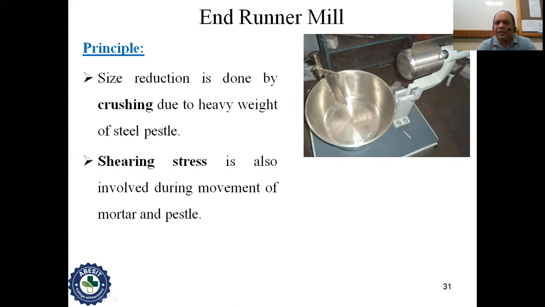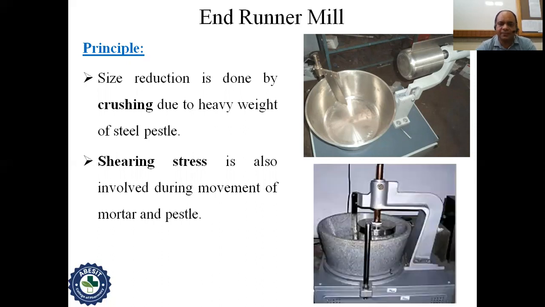As we can see in the diagram, this one is the steel pestle and this is the steel mortar. Shearing stress is also involved during movement of the mortar and pestle. When the pestle moves in the mortar, shearing stress will occur, due to which the material will be reduced in size.